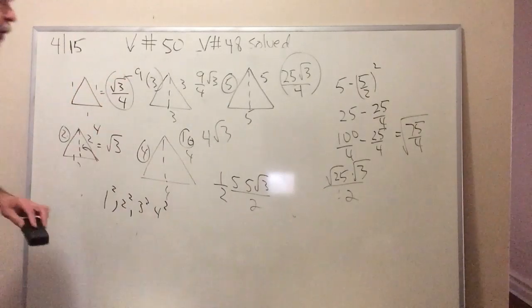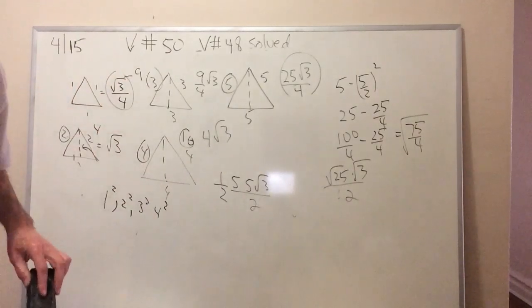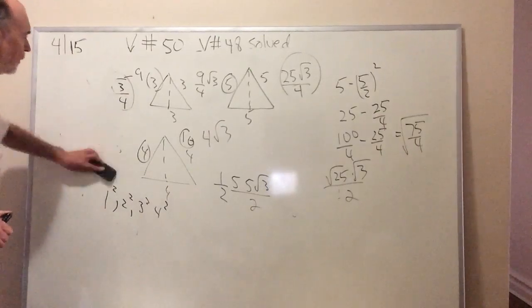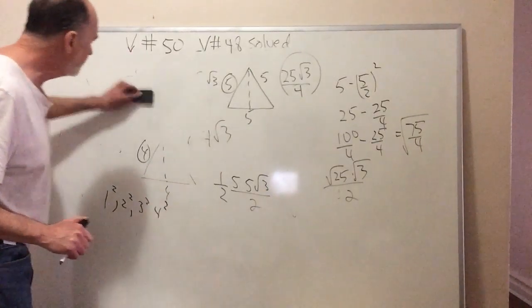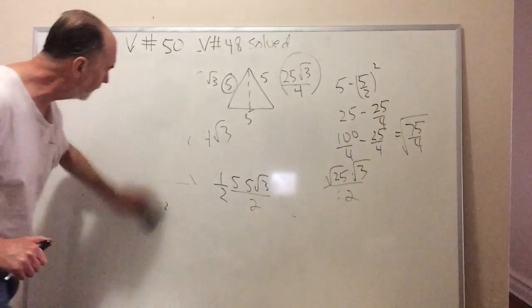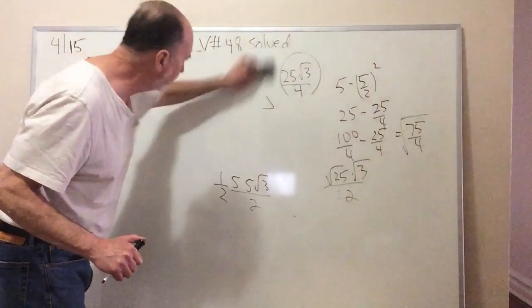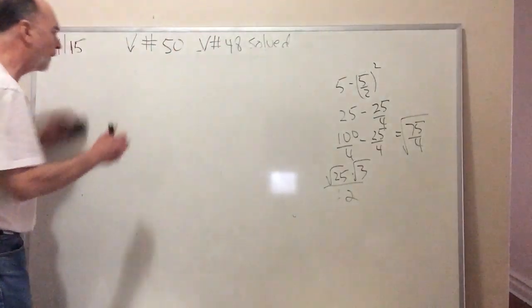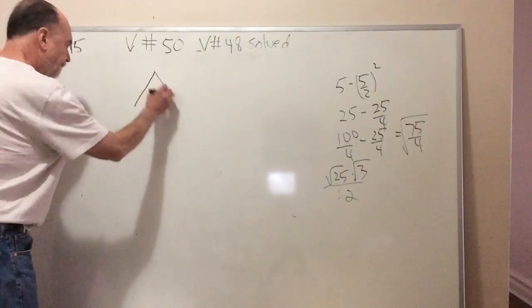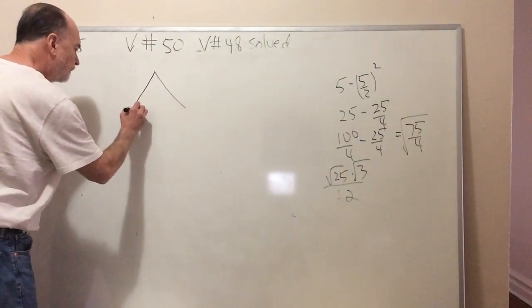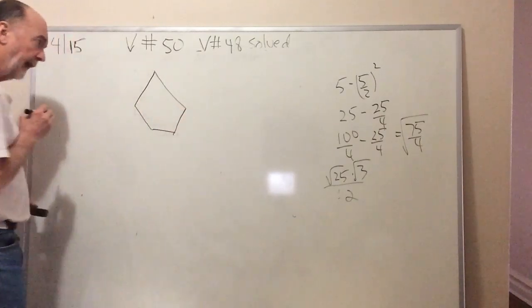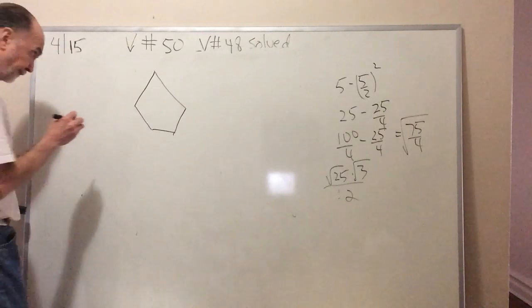So I'm going to propose a problem now. I don't have time, so I'm going to do it quickly tomorrow, and then I'll talk more about conversion. But I just want to make sure that we're getting all the ideas down. I'm going to give you a pentagon.